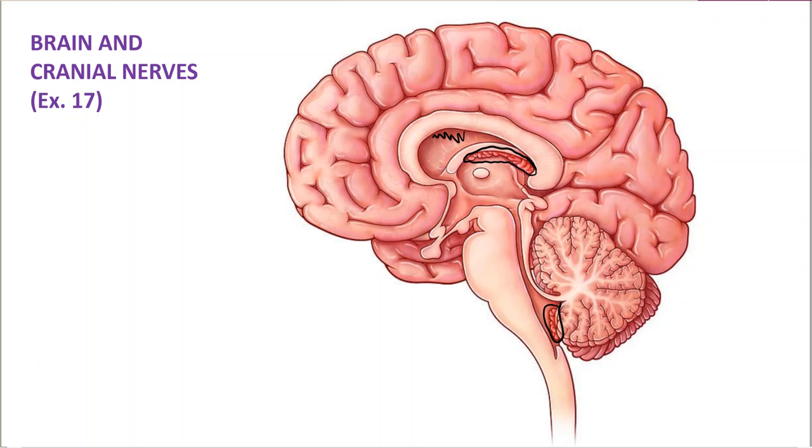Then we have kind of all of these funky knobs and stuff. We have to figure out what's going on down the brainstem. And so the first thing we're going to see in this cut is right here. And that is our optic chiasm. It's where our optic nerves are going to cross.